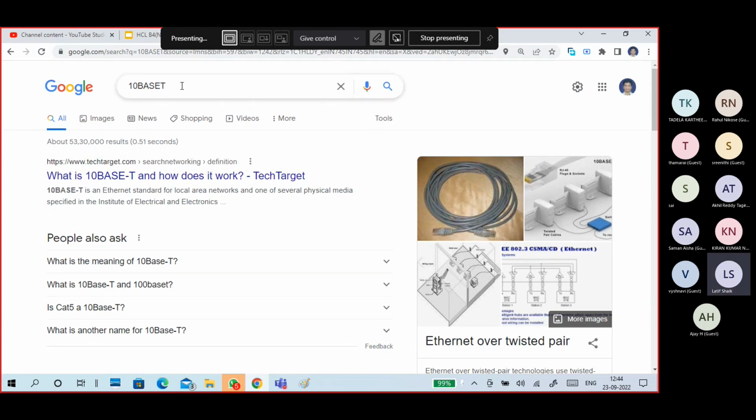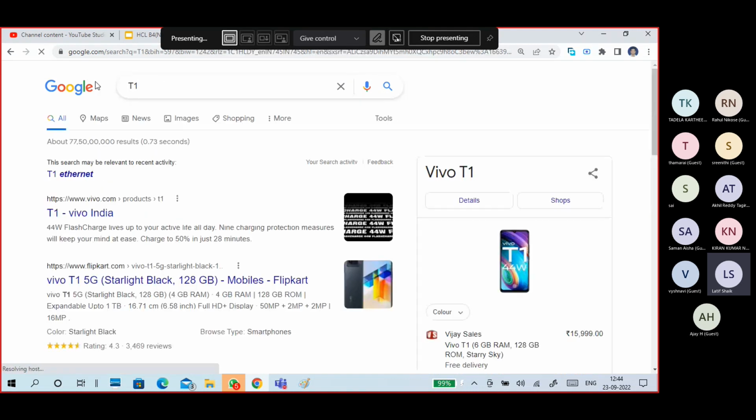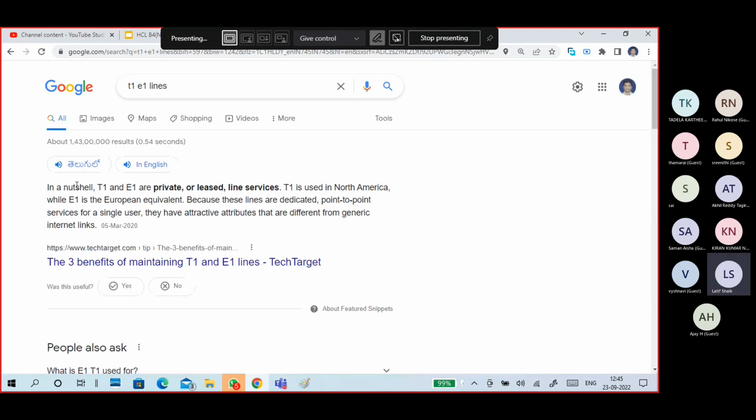Leased lines, the speeds are decided by leased lines also. Like T1, E1 lines. The T1 and E1 are private or leased line services.